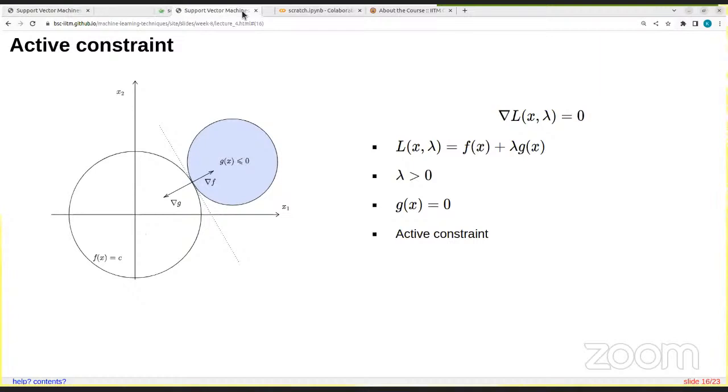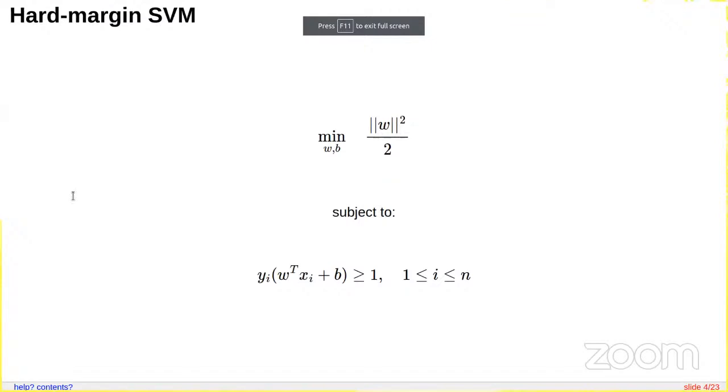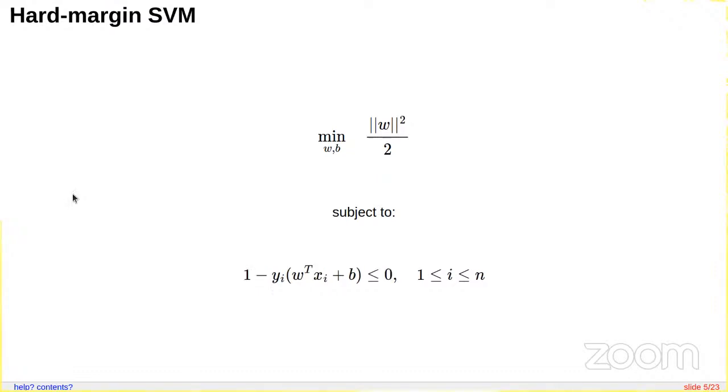Right. So I will move these away. Now, why is all this relevant? Because this is our constraint optimization problem for the hard margin case. I have just changed the sign so that this becomes g of x less than or equal to 0.